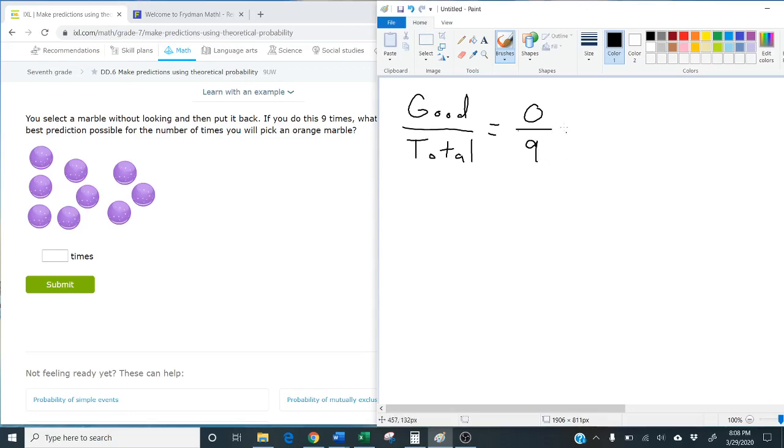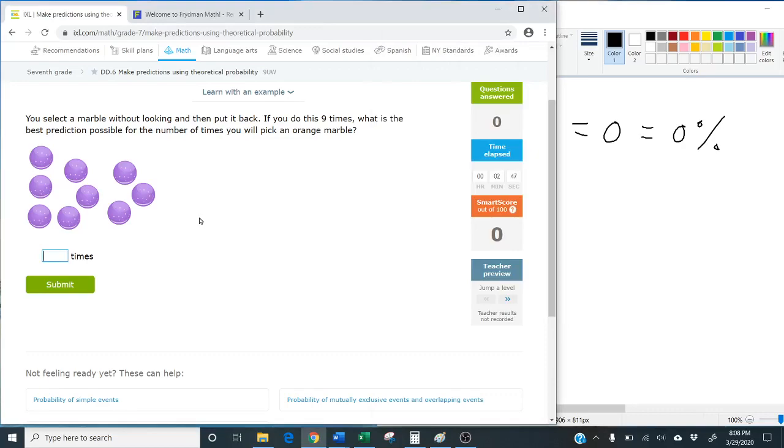Now, when the numerator is 0, the denominator doesn't even matter that much. But anyway, the probability is 0 out of 9, which is equal to 0 and also 0%. So we have a 0% chance of selecting an orange marble, which makes sense because it's impossible to select an orange marble because there are no orange marbles.